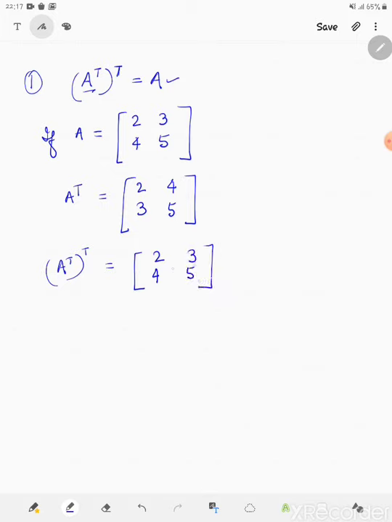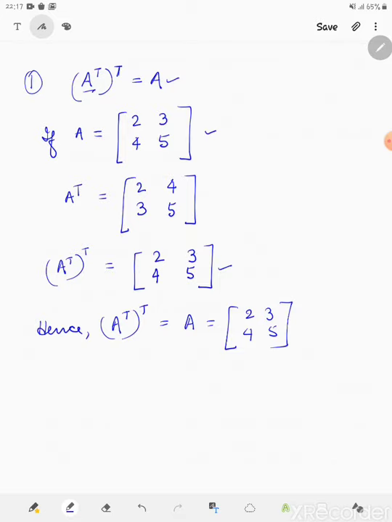So we see that this is equal to the original matrix. Hence, we can say, (A transpose) transpose is equal to the original matrix, that is 2, 3, 4, 5. It's proved, right?